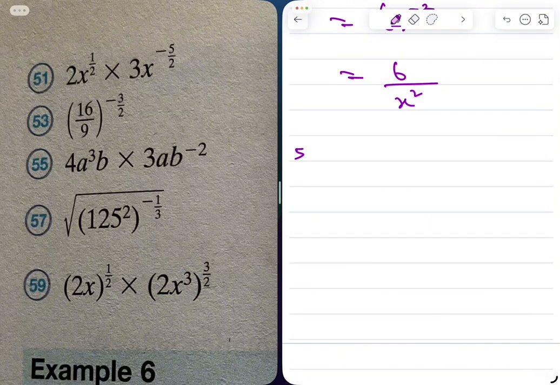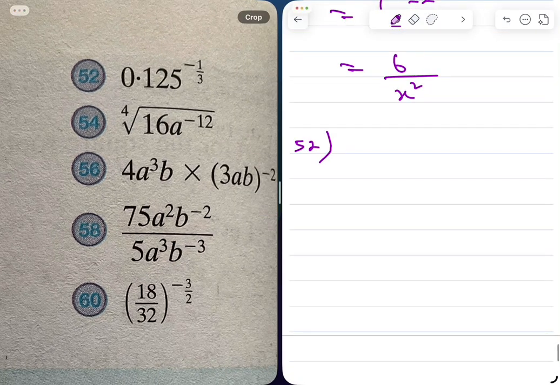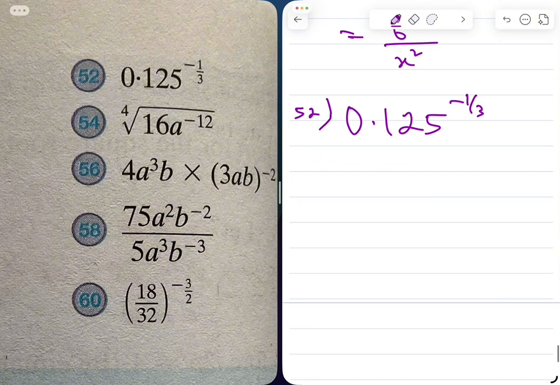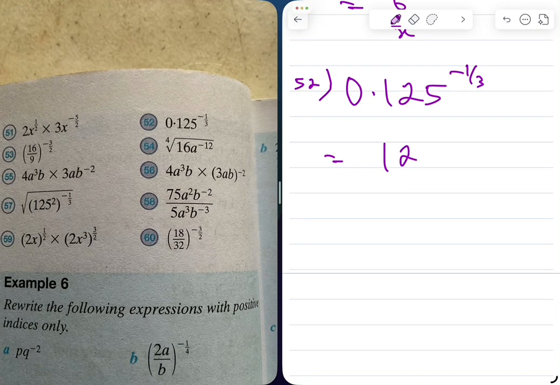Number 52, 0.125 raised to the power minus 1 over 3. That's equal to, let's write 0.125 as a fraction.